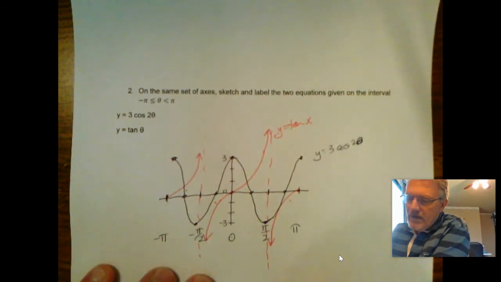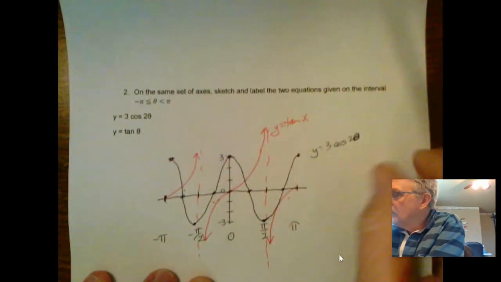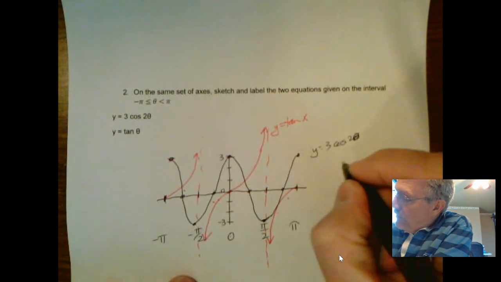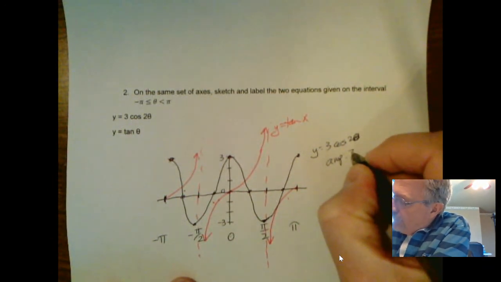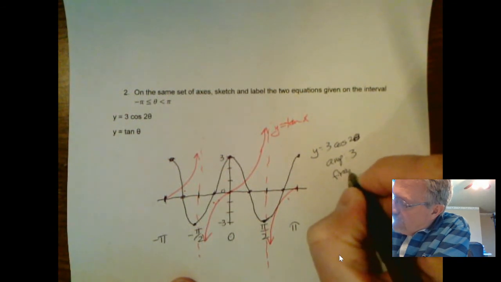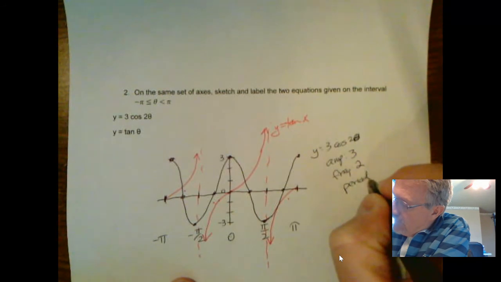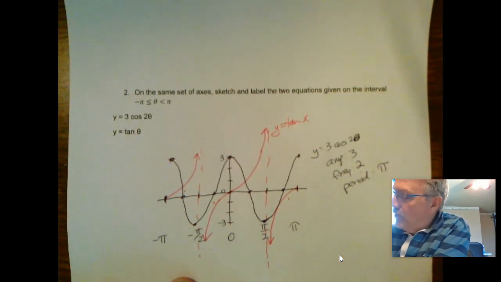So now, where'd my pen go? Oh, right in front of my face. So y equals 3 cosine 2 theta. The amplitude is 3. The frequency is 2. The period is 2 pi divided by 2, so pi.